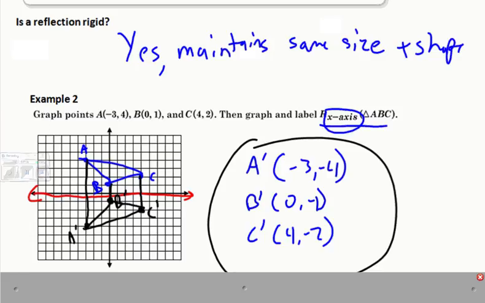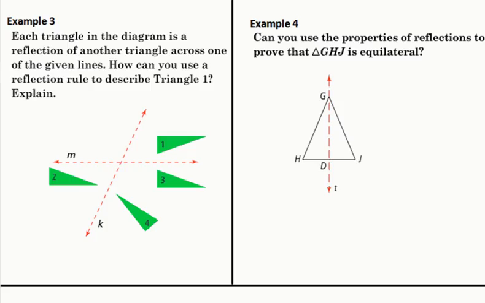All right, let's just do a few more examples with just random reflections, and then we'll be done with this video. So example 3 says each triangle in the diagram is a reflection of another triangle across one of the given lines. How can you use a reflection rule to describe triangle 1?